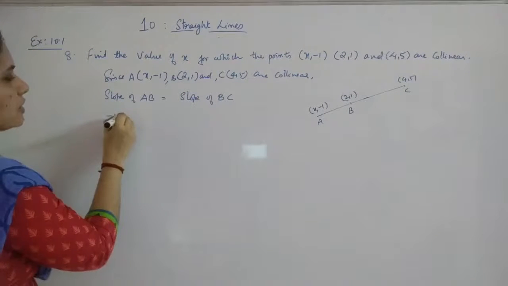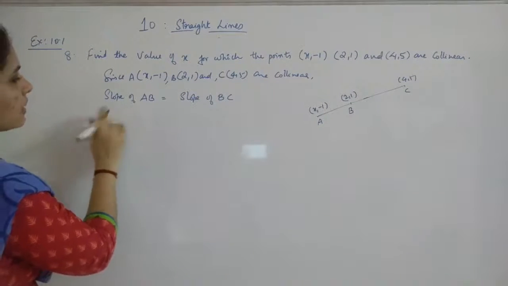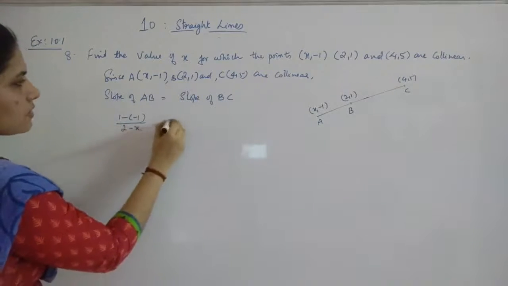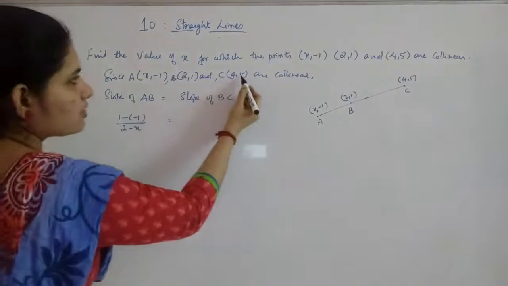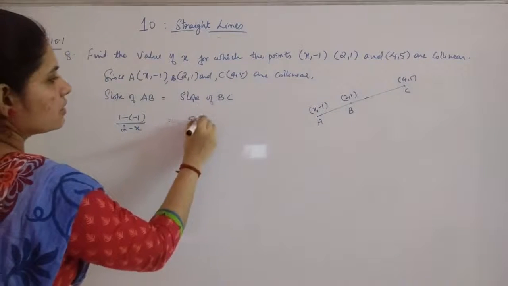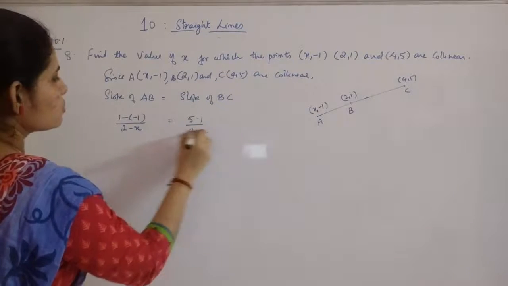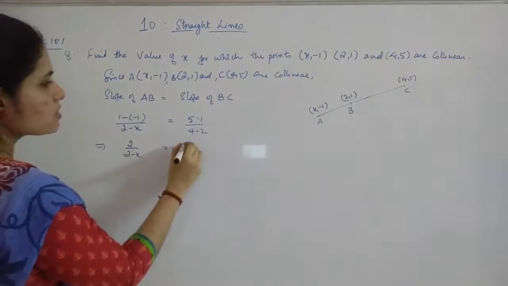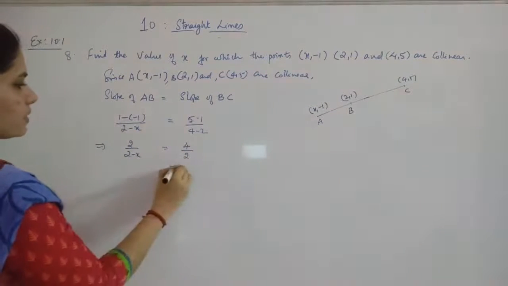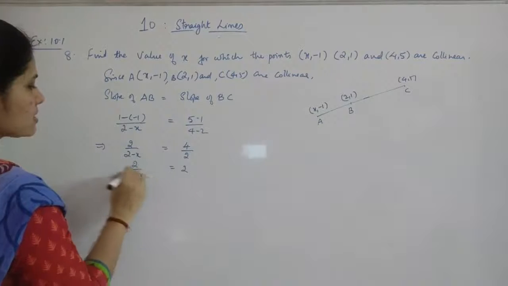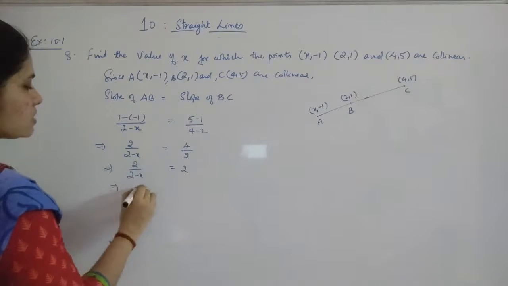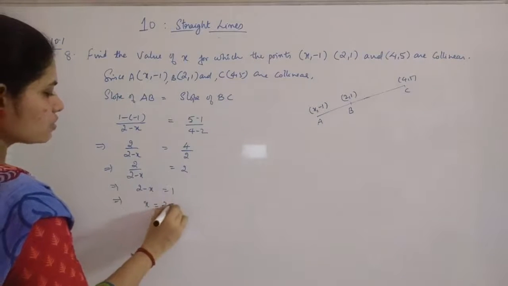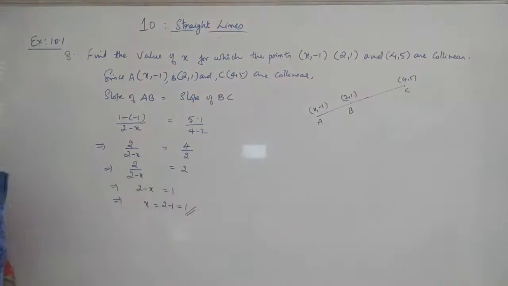So we'll get minus 1 minus 1 divided by 2 minus x, and this will be equal to, what is the slope of BC? 5 minus 1 by 4 minus 2. So this will give you 1 plus 1, 2 by 2 minus x is equal to 4 by 2 equal to 2. So 2 by 2 minus x is equal to 2 means you can say that 2 minus x is 1, or x is equal to 2 minus 1, 1. So the value of x is 1.